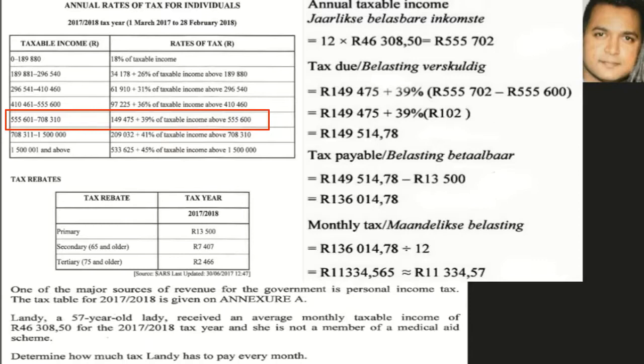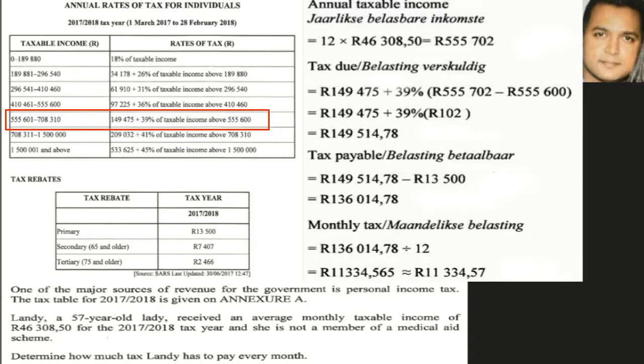The key word there is monthly. Now in order for us to work with the tax table, we need to convert this monthly into annual. So we take the 46,000 that is given to us in the question, and we multiply by 12, and you see the first step there, it says 12 times 46,308, and we get 555,702.